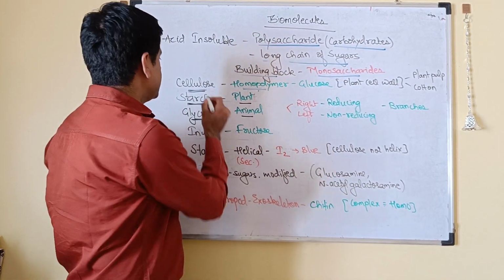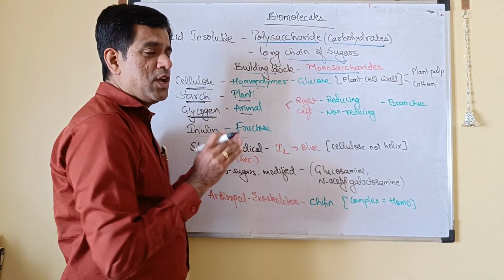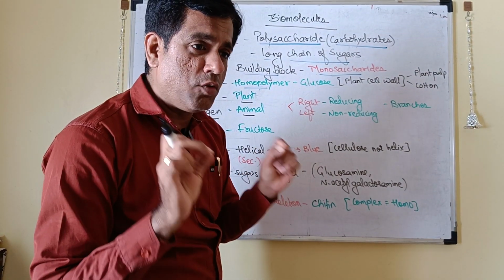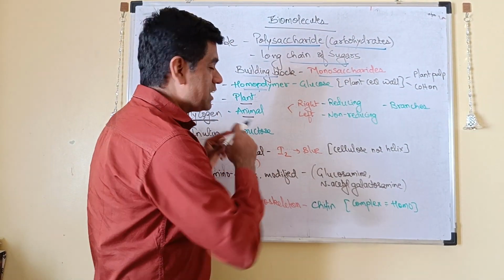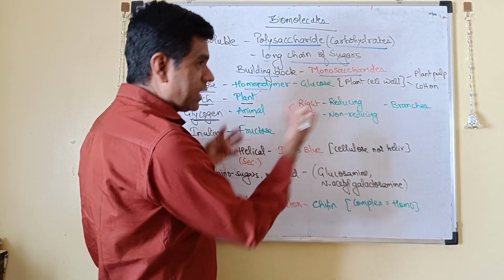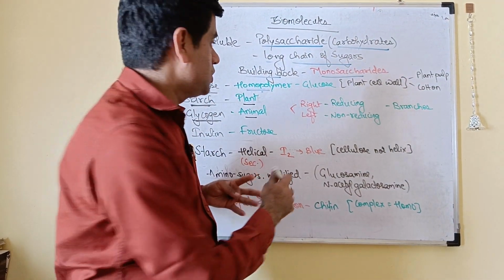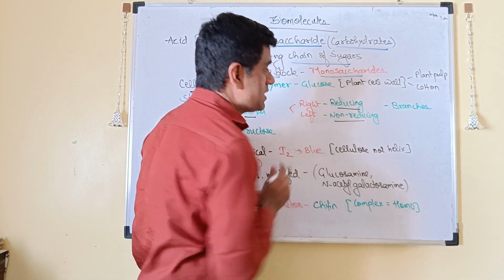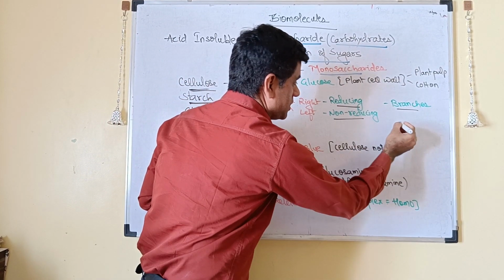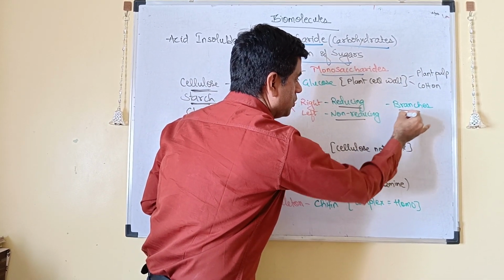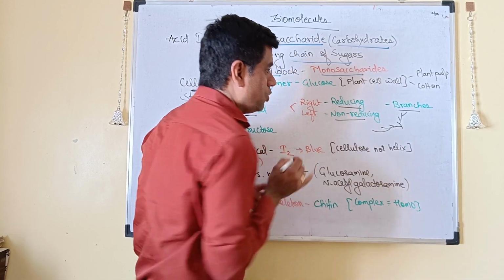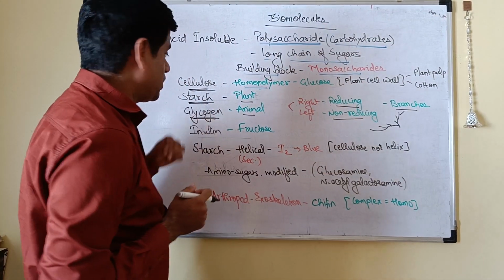So the point to remember here is that cellulose, starch, glycogen, whichever you think of, is made of glucose. You can see that glycogen is more branched. Look at the right side end of the glycogen, it is reducing, and the left one is non-reducing. It has many branches. You have a core polysaccharide, and then many branches coming up. Such a branched structure is that of glycogen.